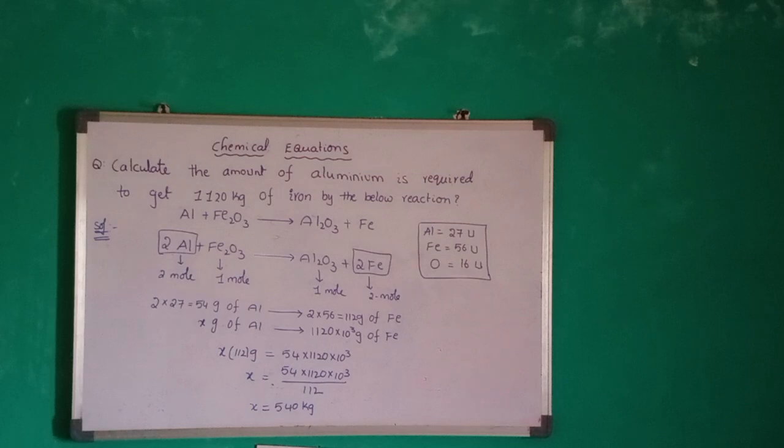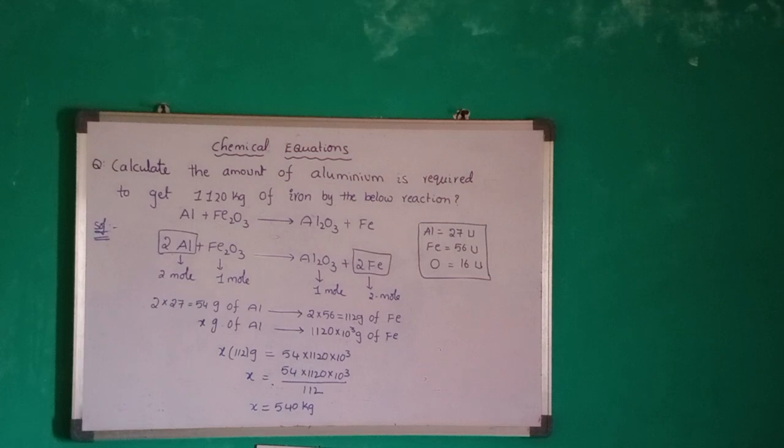How much aluminum we require, we don't know, so X grams of aluminum is required to produce 1120 into 10 to the power of 3 grams of iron. If we do the cross multiplication, we get the answer. The final answer is 540 kilograms.